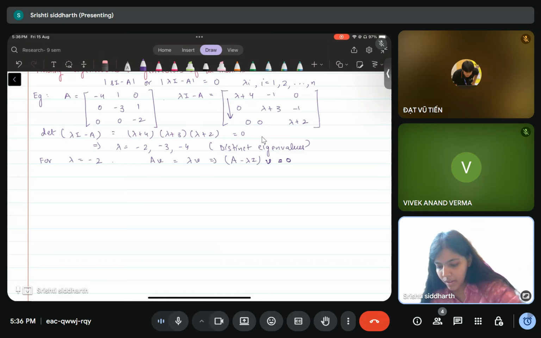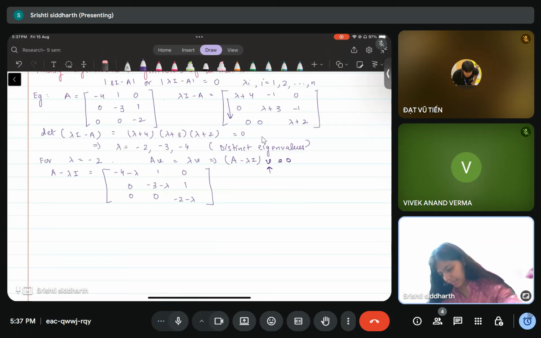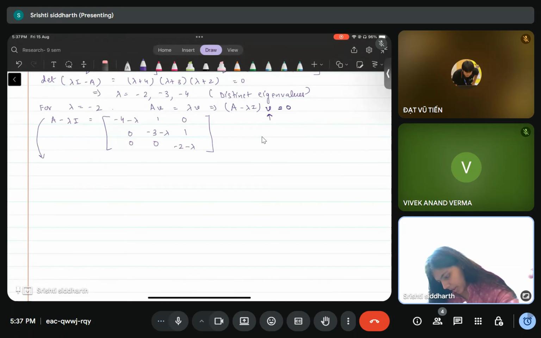So we want to find V, which is in the null space of the matrix A minus lambda I for a particular lambda. Only the diagonal elements would change and the rest of the entries of A remain the same. For lambda equals -2, we have -4 plus 2, -3 plus 2, and 0.